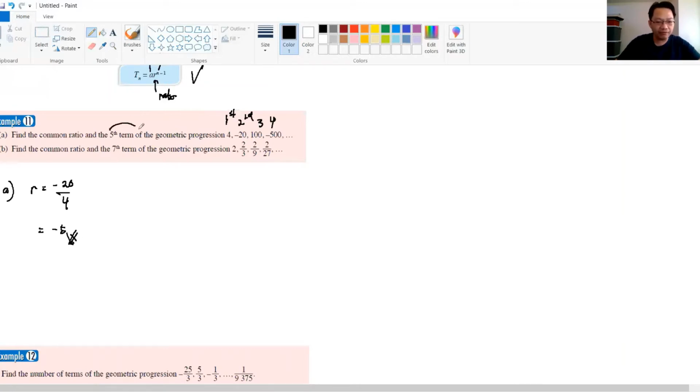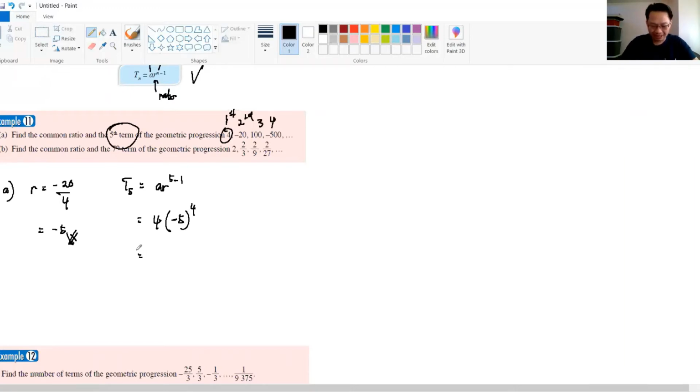Now, we want to find the fifth term. The fifth term is ar to the power of 5 minus 1. Here, this is your n, 5, so you substitute n here. A is 4, the first term. r is negative 5 to the power of 5 minus 1, which is 4. Then you compute.